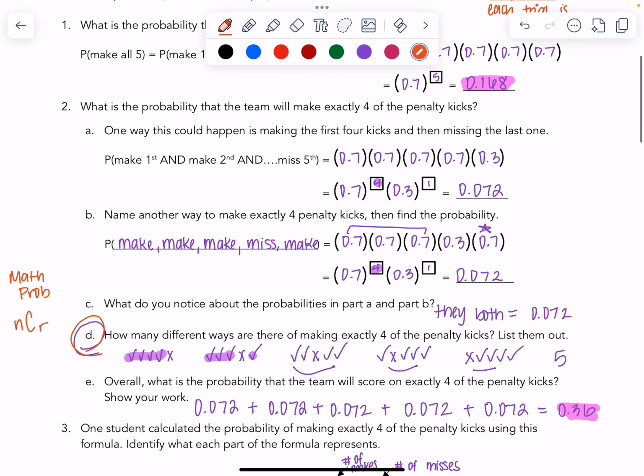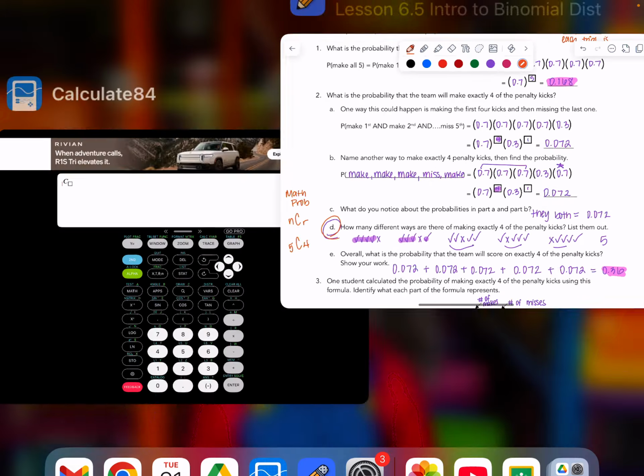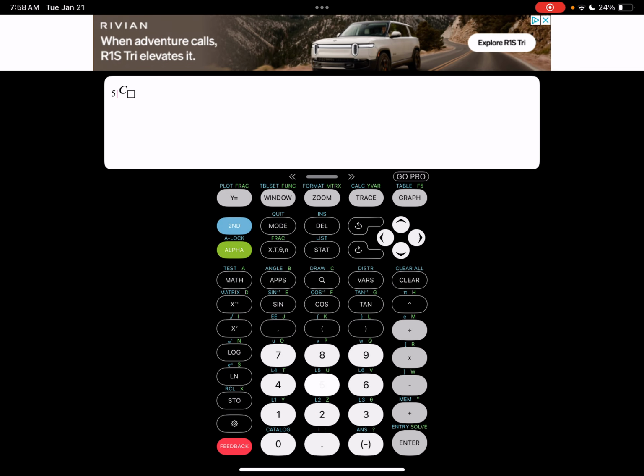So what you're going to type in is, remember, the N is the number of trials. So that's 5. And for whatever reason, they use R instead of K. So R is our K value. So you're going to type in 5, choose 4. 4 is the number of penalty kicks that we want to make in this scenario. So type in 5, arrow over to the next box, and then type in 4.